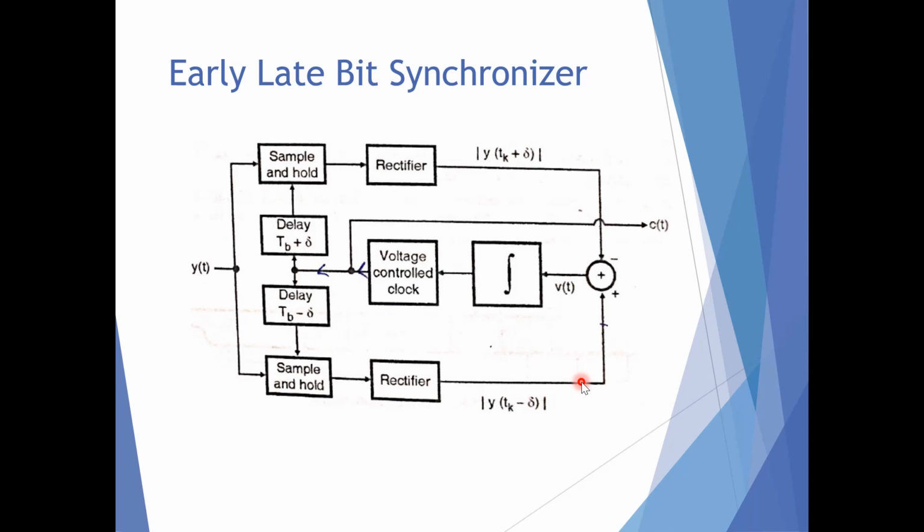This is a correcting voltage. Hence, the output of the voltage control clock, that is VCC, will remain constant, that is unchanged. The bit synchronization is then said to have been achieved if V of t, again V of t should be 0 in this case.